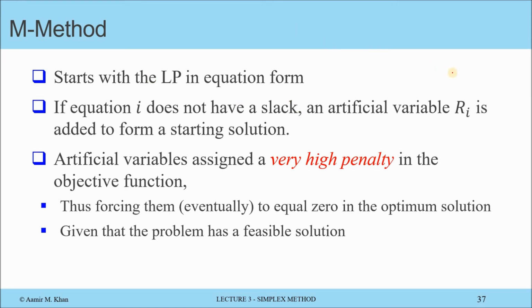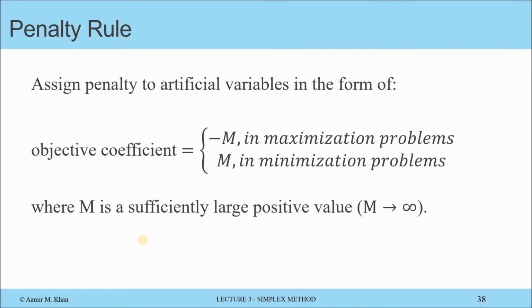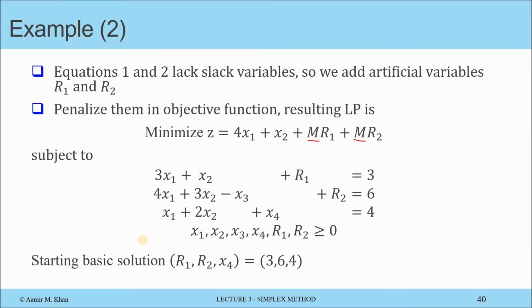When you put a very high penalty on the objective function, it will force them to become zero in the optimum solution, and they will become zero if there is a feasible solution. Okay, if for any reason they are left, then the problem has no feasible solution. Clear? So this was the first part.